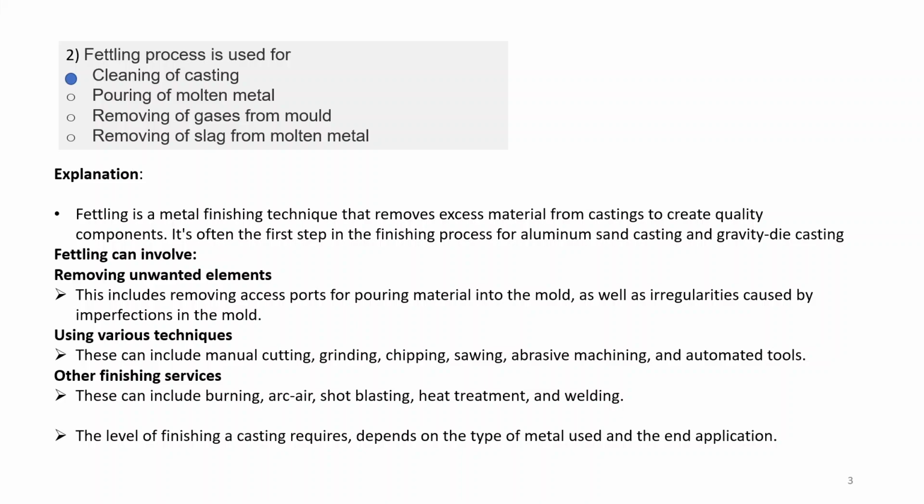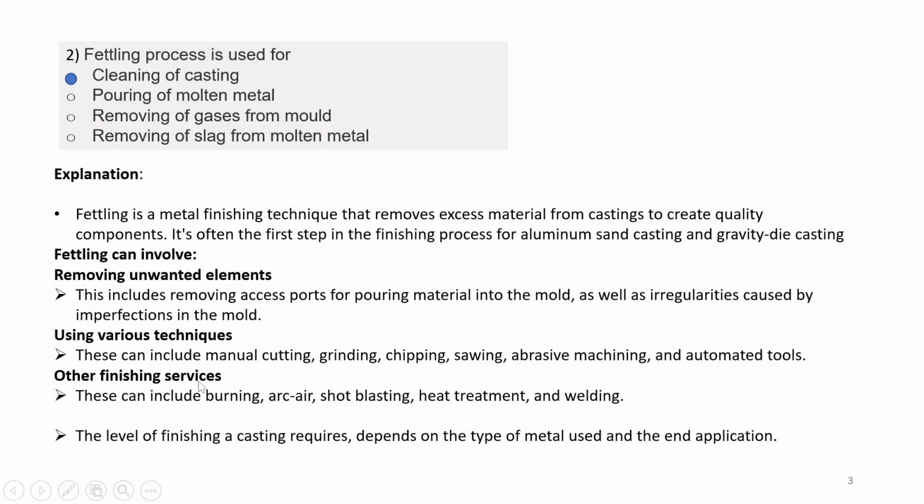Now fettling can involve removing unwanted elements, which includes removing excess parts from the pouring of material into the mold, as well as irregularities caused by imperfections in the mold. Using various techniques, these can include manual cutting, grinding, chipping, sawing, abrasive machining, and automated tools.